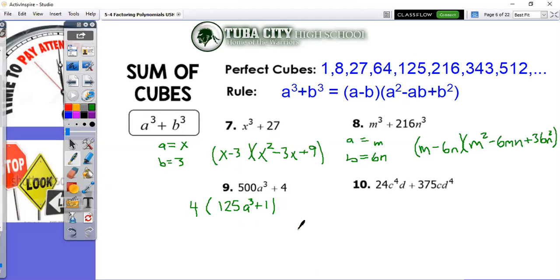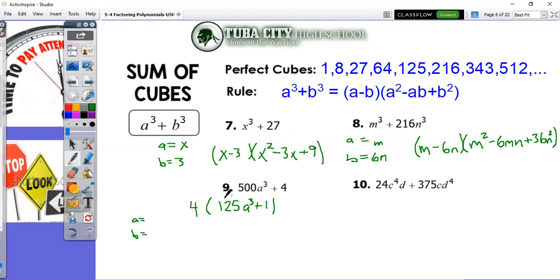And let's see, we have our sum of cubes right here. So 125 is a cube number, A to the 3 is a cube number, and 1 is a cube number. So all of these terms inside our bubble are cube numbers. So we're going to have to use our rule now. Let's go ahead and identify our A and B values.